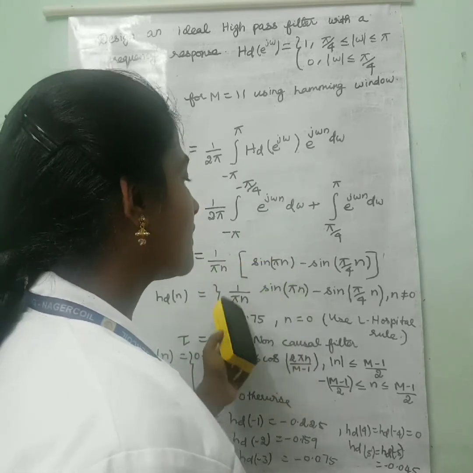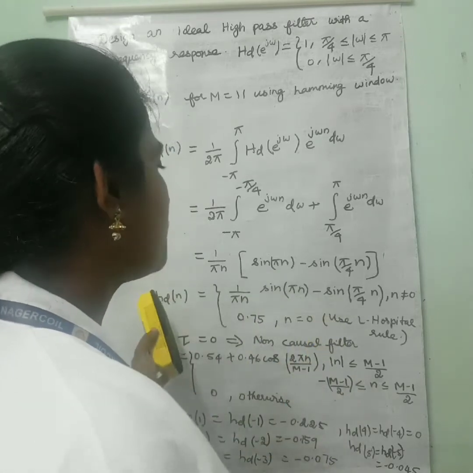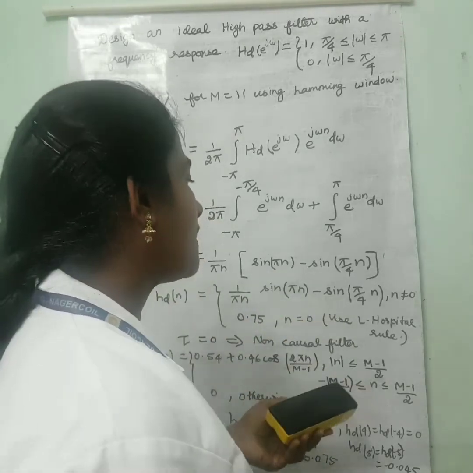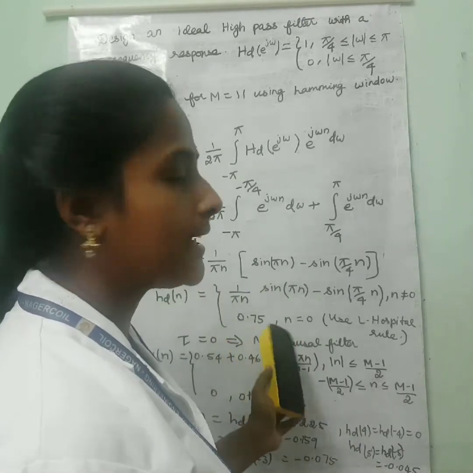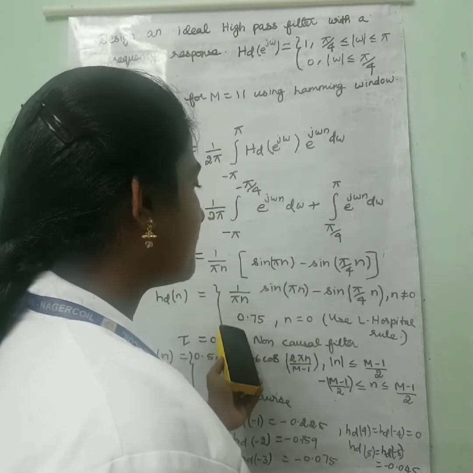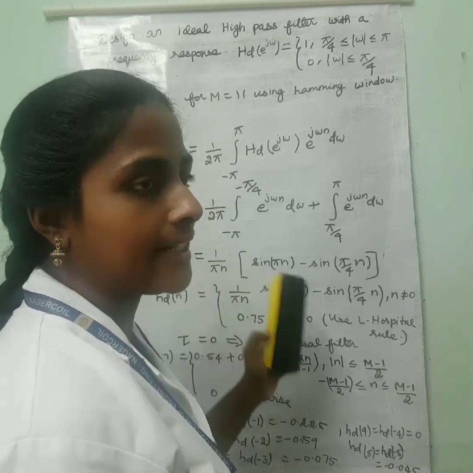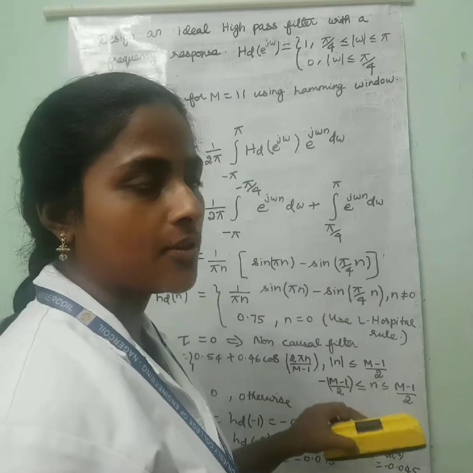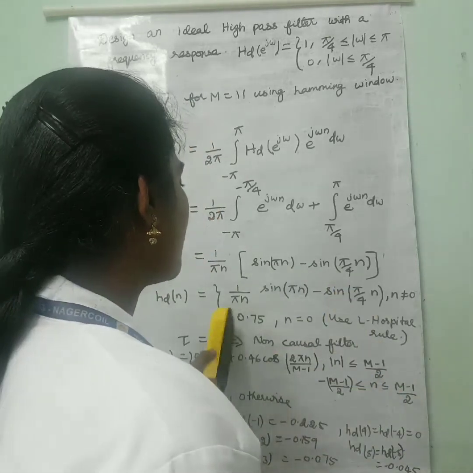So for n is equal to 0, you have to use L'Hospital rule in the Hd of n formula. That is, you have to differentiate the numerator and denominator separately. After differentiating, you substitute n is equal to 0.